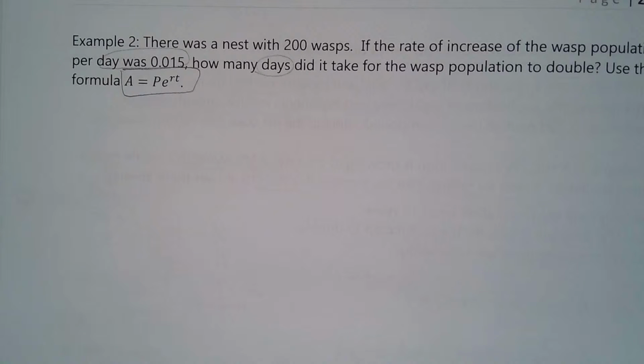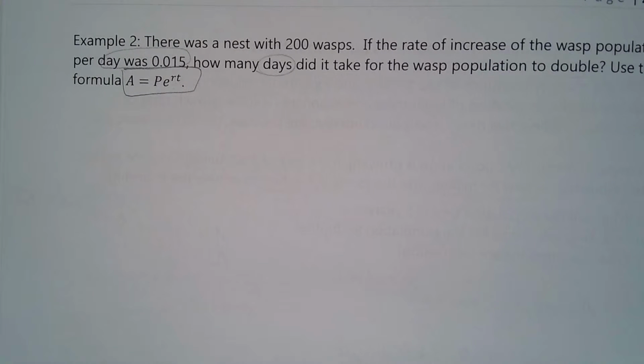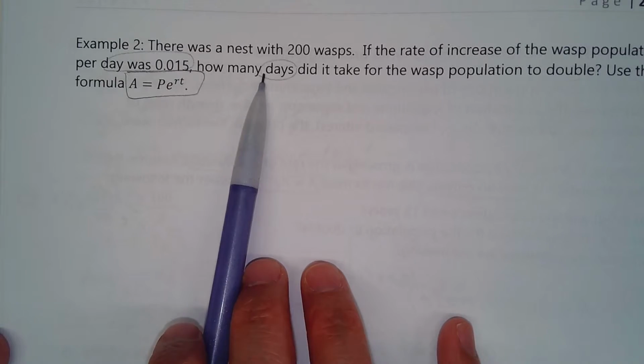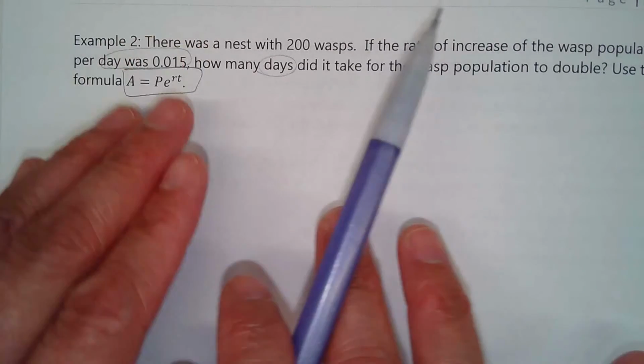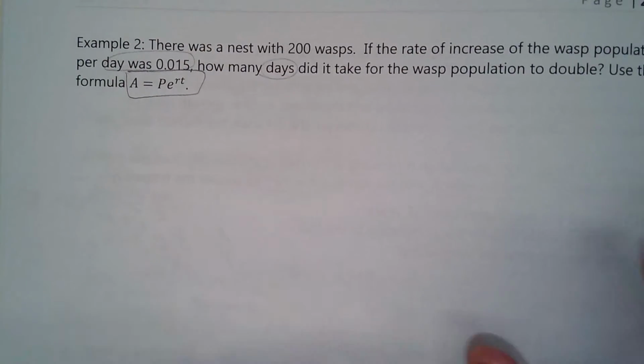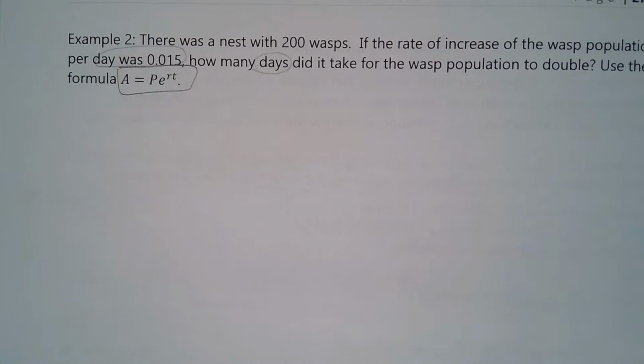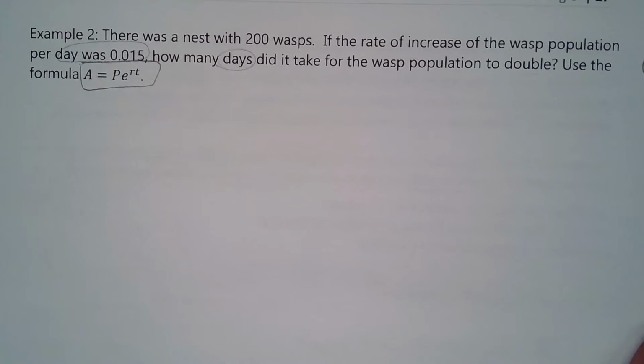If it's asking for years, the t will be in years. So they have to agree. If the rate was per year, then how many days? Your calculation would be in years and then convert it to days. So they have to agree. If it's days, everything is days. If it's years, everything is years.